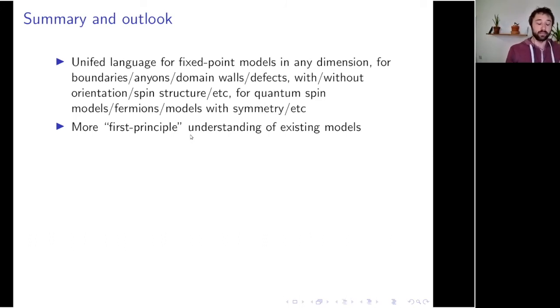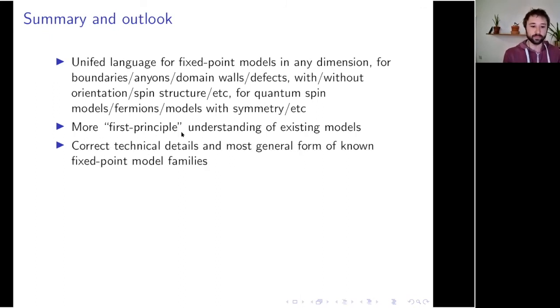This also yields a more direct understanding of why existing fixed point models, such as the Kitaev model or the Trotterization models, have the exact form they have. From the space-time picture, you can see relatively easily that you, for example, need this branching structure if you want to have something that other models can be blocked into.